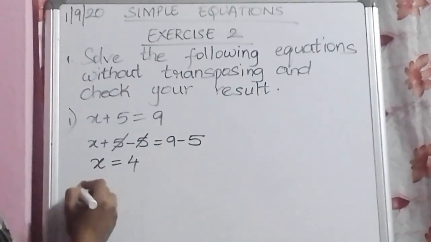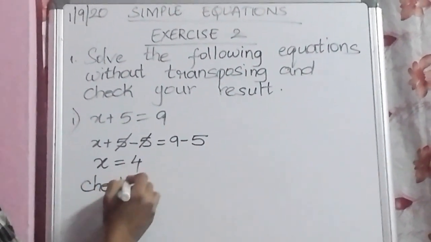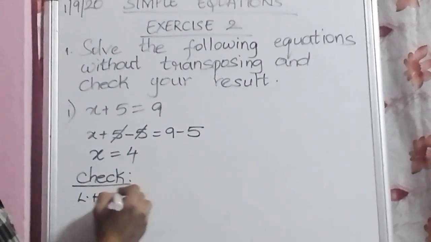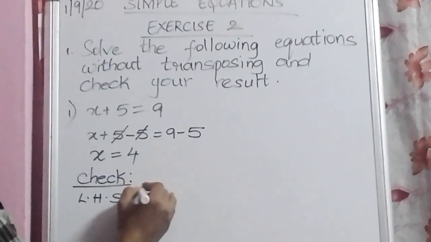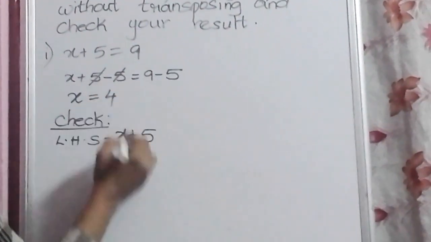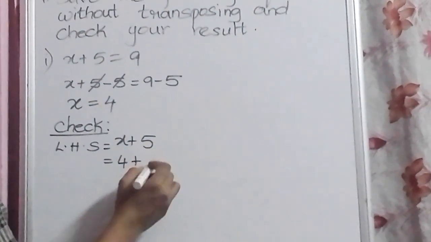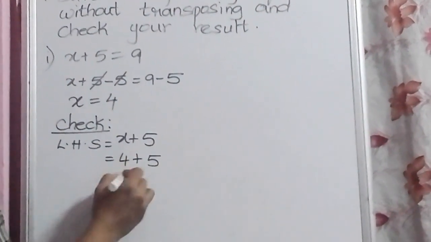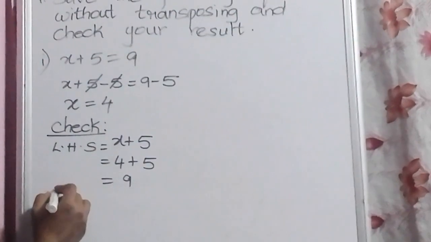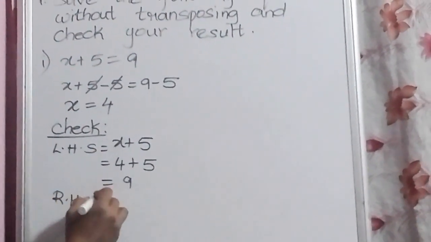Now we should do the check. How are we going to check? Take the LHS side. What is there in the LHS? x plus 5. What is the value of x? It is 4. 4 plus 5. 4 plus 5 is how much? 9. Now take the RHS.